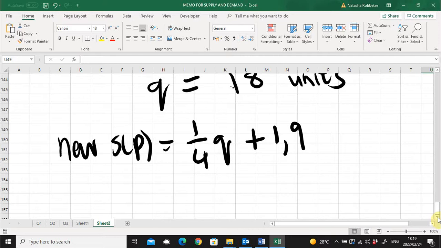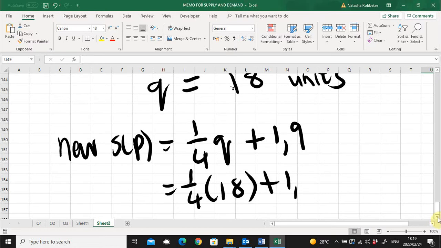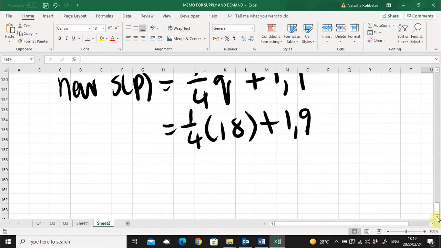We are replacing the Q we just calculated, so it is 1 over 4 times 18 plus 1.9. Right, then 18 times 1/4 gives us 4.5 plus 1.9.